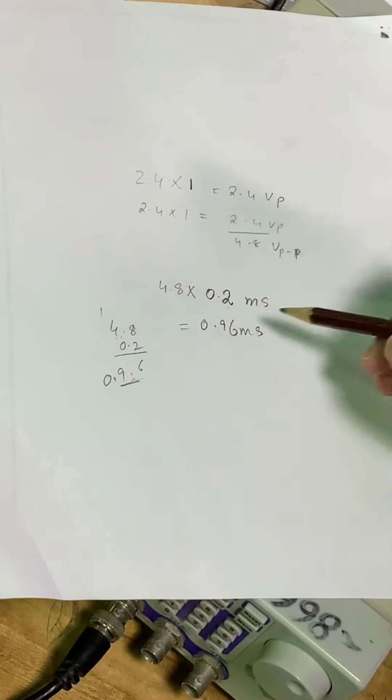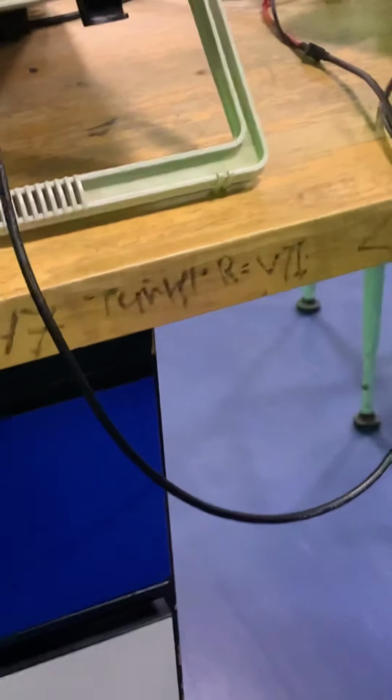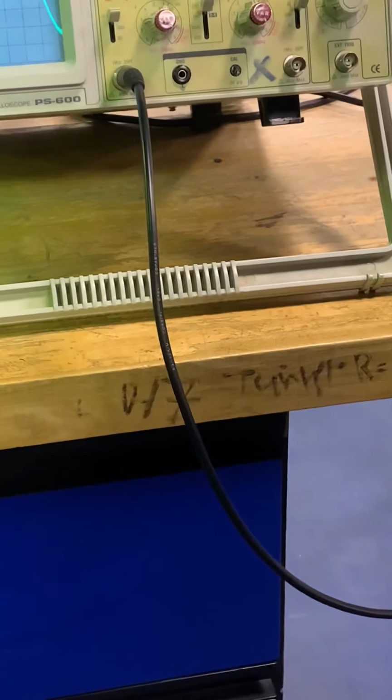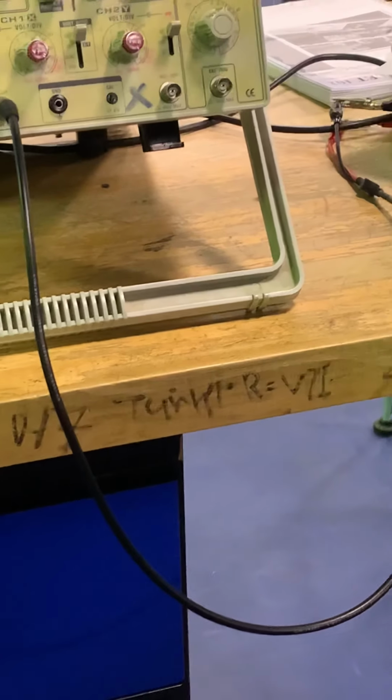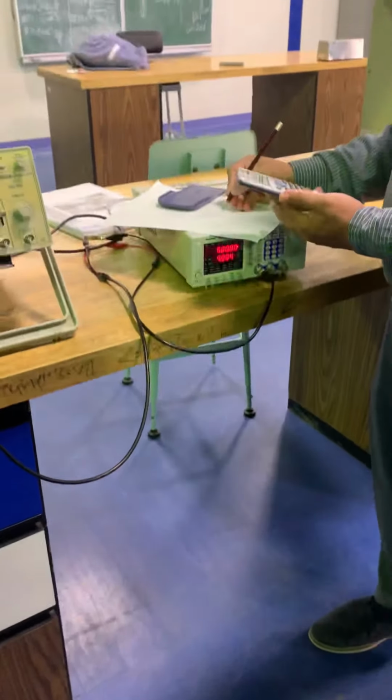You can check from your calculator. Calculator, please. So you will see 4.8 multiplied by 0.2 millisecond. This is 960 microseconds.